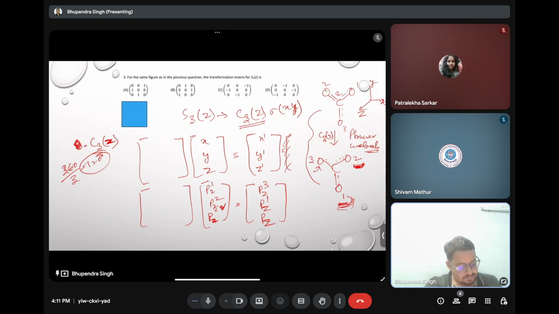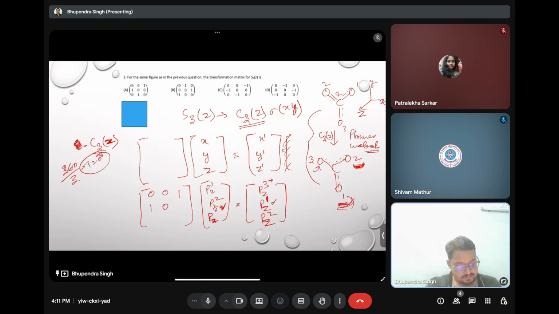Just now in the place of 1, 3 is coming. This atom 3 came, so what will be your first row? 0, 0, 1. And for this row, oxygen atom 2 became oxygen 1, I mean the position has changed.